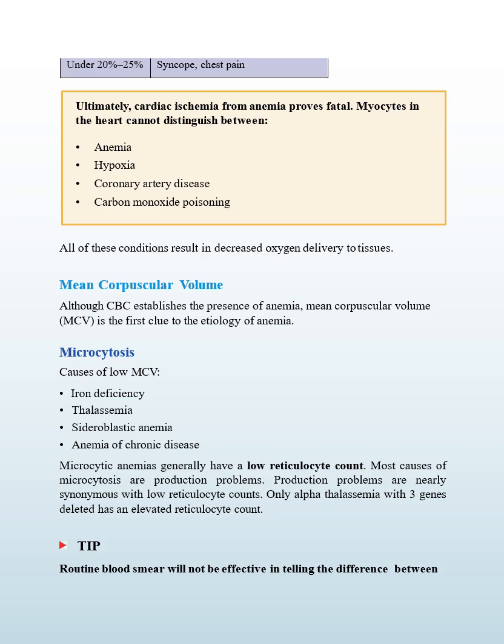The first one is microcytosis. Microcytosis has 4 causes: iron deficiency, thalassemia, sideroblastic anemia, and anemia of chronic disease.